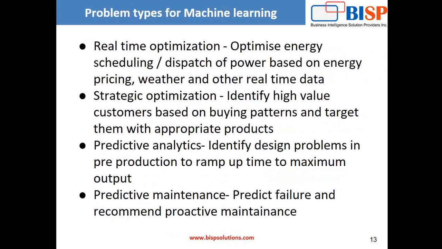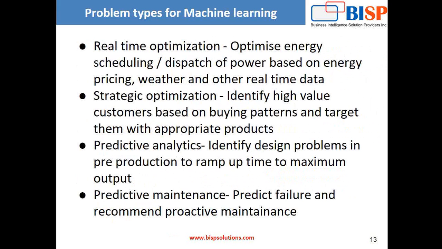And how will you optimize it? The measure of this optimization is the performance, and over our experience with the weather and other real-time data. That's what real-time optimization is being used for in machine learning. That's one of the problem types where machine learning is used.